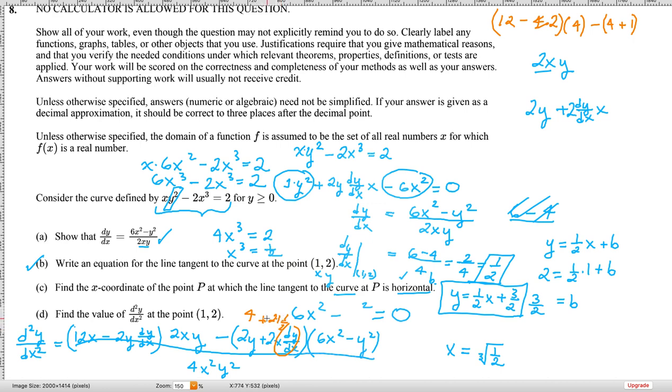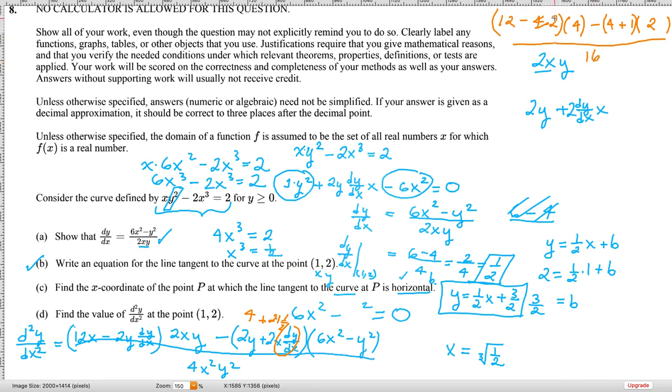So it's 1, the whole thing times 1 squared is 1, 6 minus 4 is just 2, over 4 times 4 is 16.